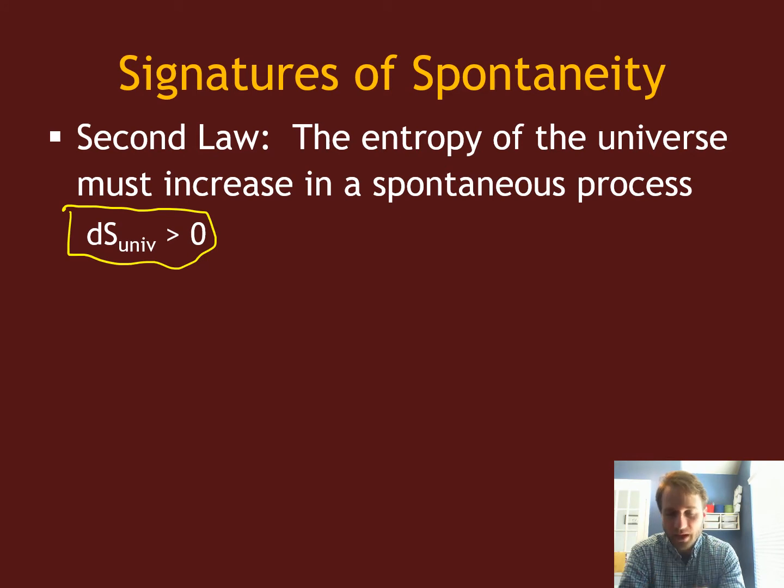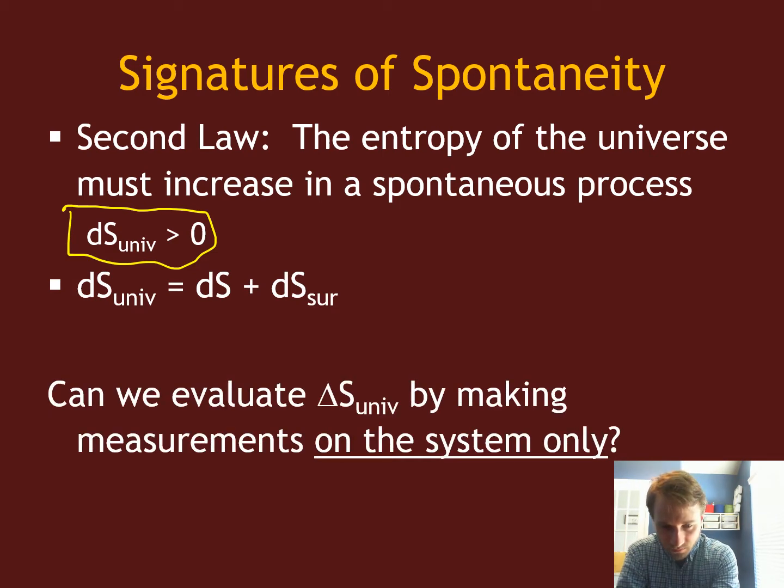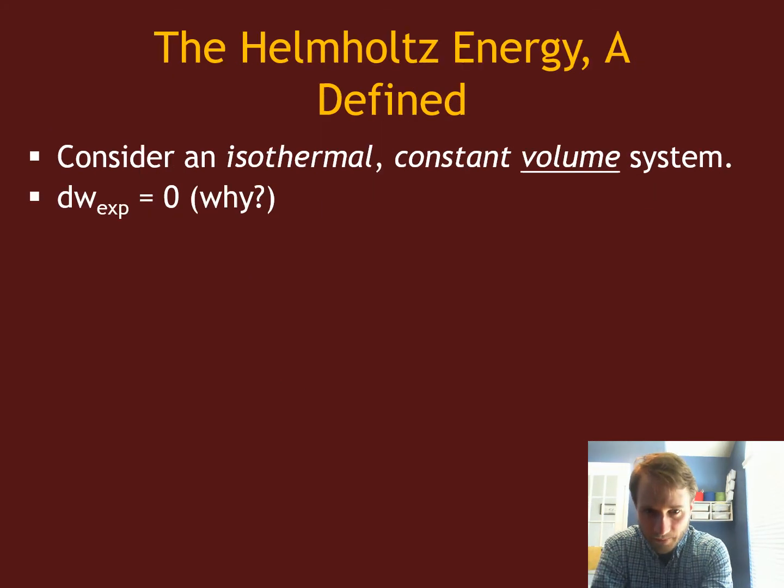And that's where we get into Helmholtz and Gibbs free energy, where these quantities are defined in such a way that they will tell us about the spontaneity of a process by measuring just quantities for the system. And so again, we want to measure the system only.